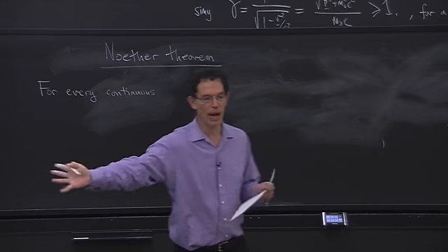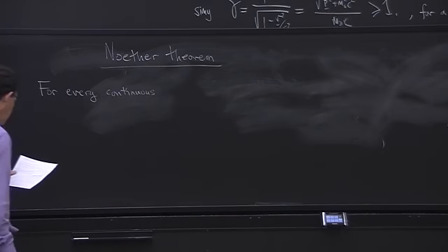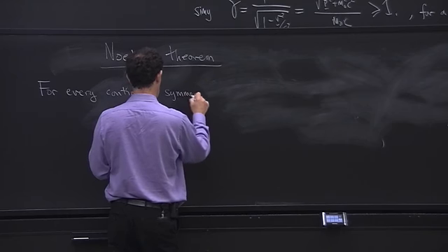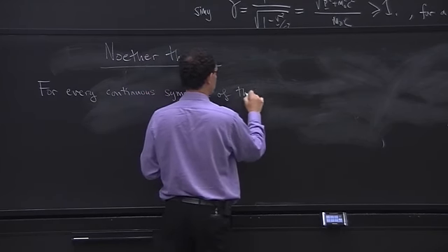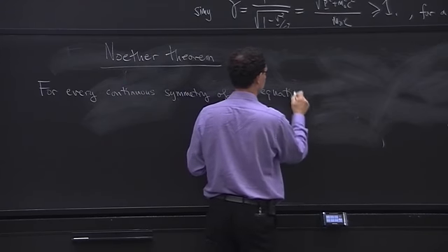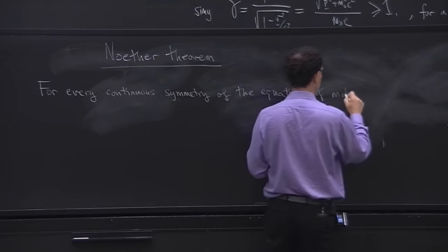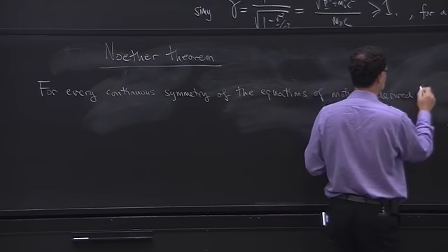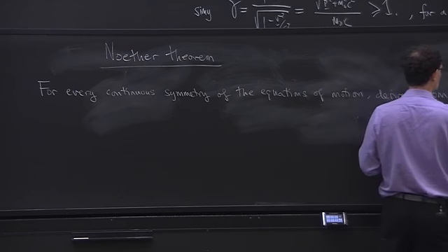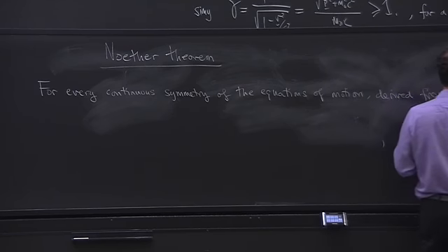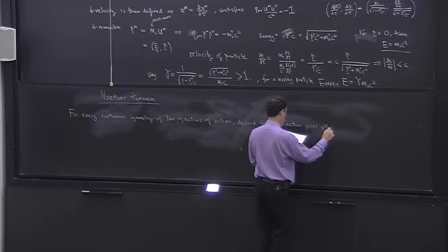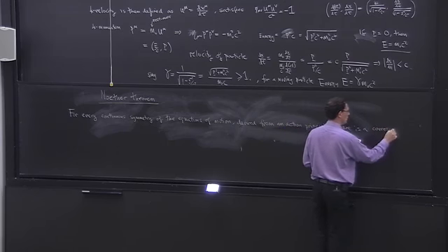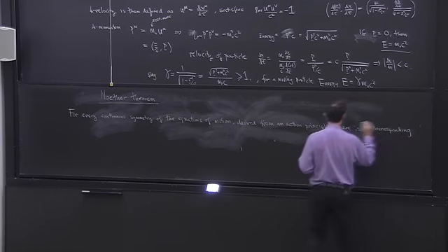It's a symmetry where there's a parameter in the symmetry which can take a continuous range of values. For any continuous symmetry of the equations of motion which are derived from an action principle, there is a corresponding conserved quantity.